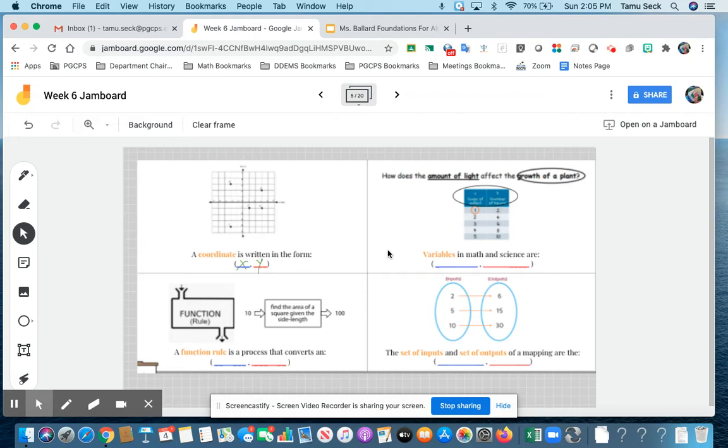The variables in math and science are x comma y. A function rule is a process that converts an input to an output. The set of inputs and the set of outputs of a mapping diagram are x comma y.